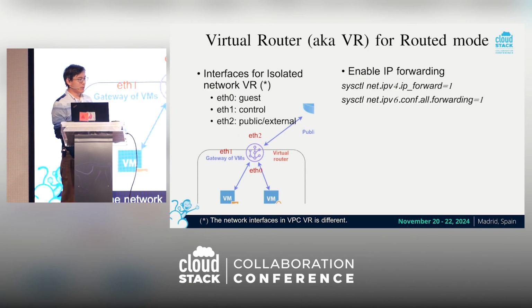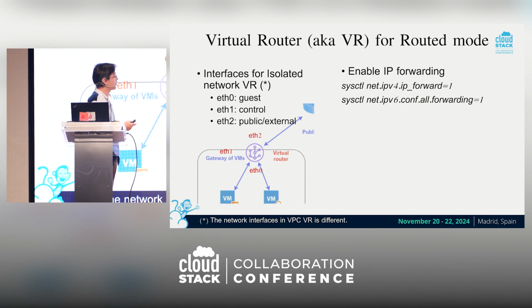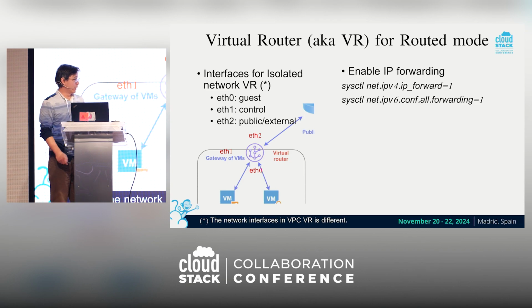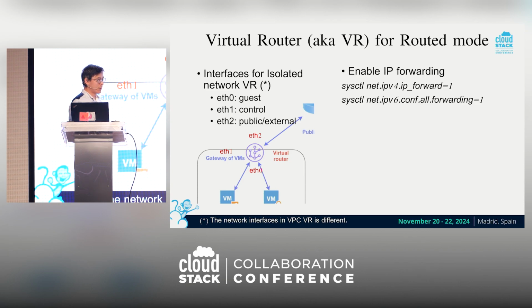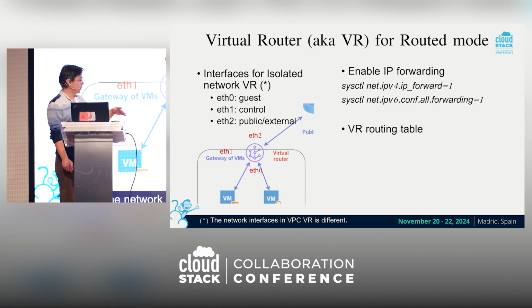The second one, the virtual router needs to be able to forward the packets, which can be very simple, enabled by 2 system configurations. And the last one, the CloudStack virtual router needs to know where the next hop of the packet is. It's implemented by the routing table.